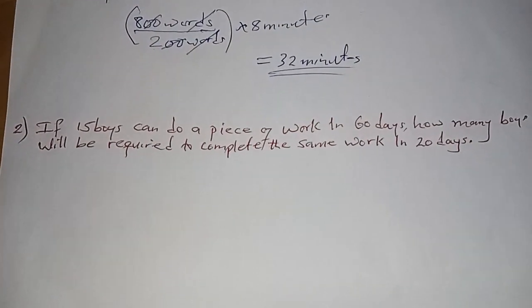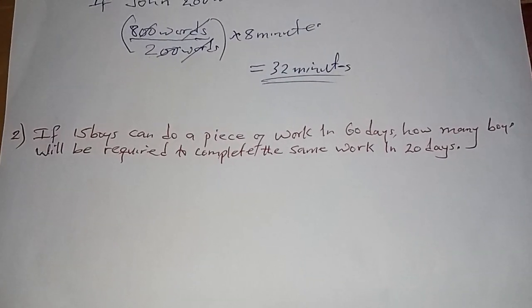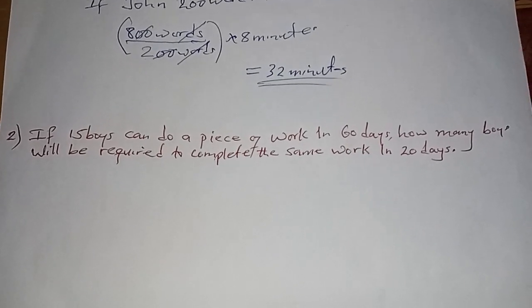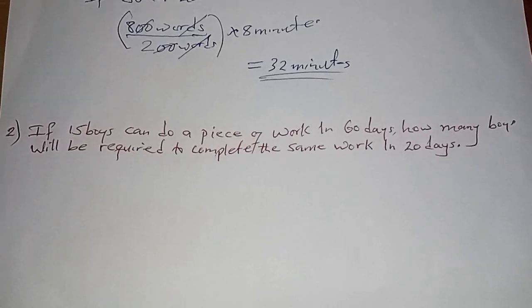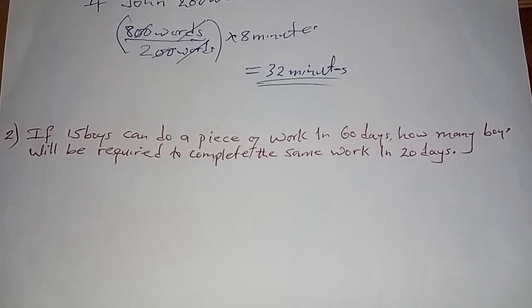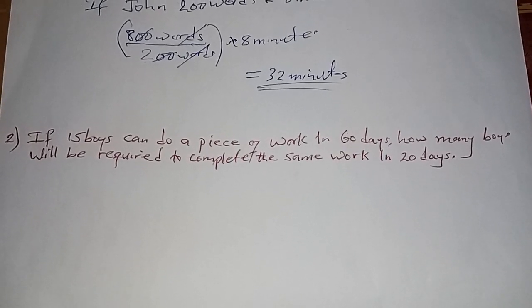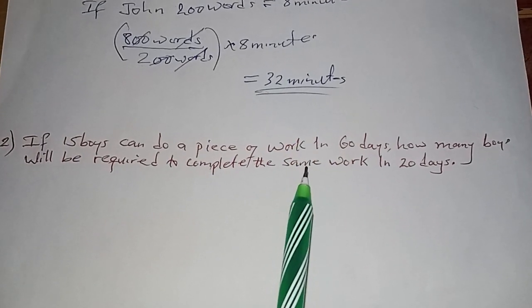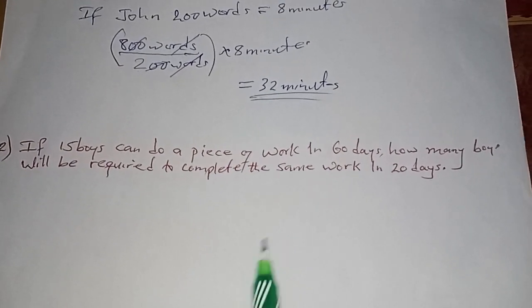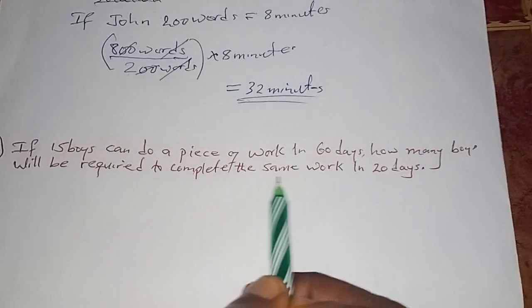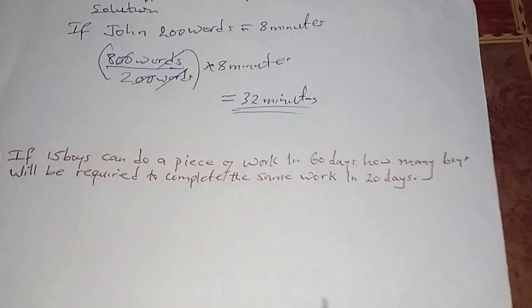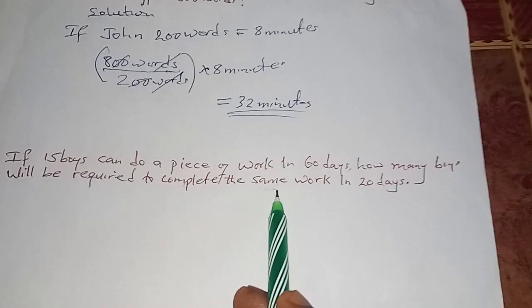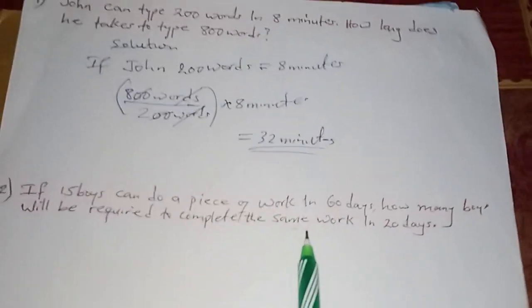Now the next question says, if 15 boys can do a piece of work in 60 days, how many boys will be required to complete the same work in 20 days? The difference between direct proportion and indirect proportion is this word same. If you see the word same in the problem, you should know it is definitely indirect or inverse proportion.